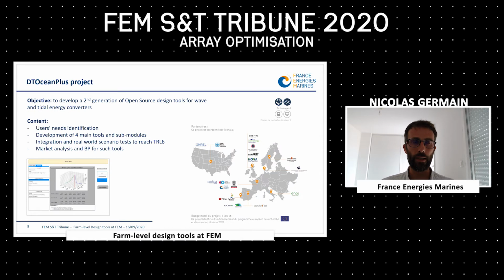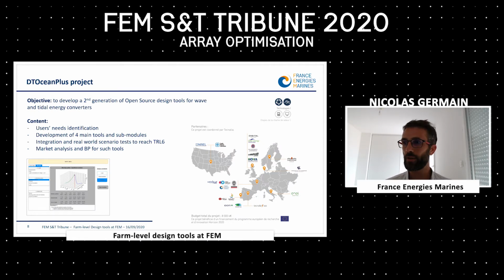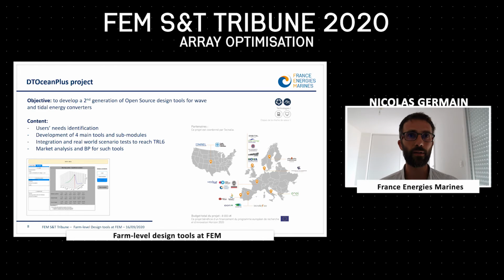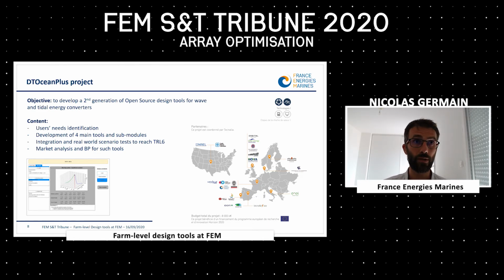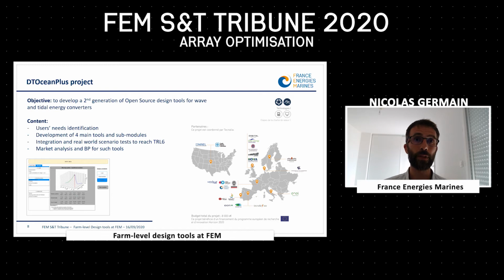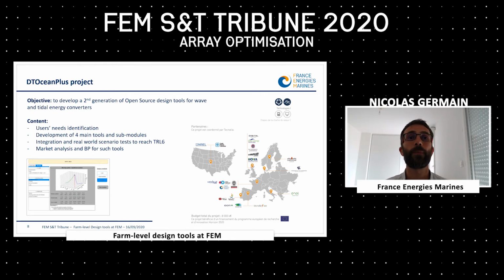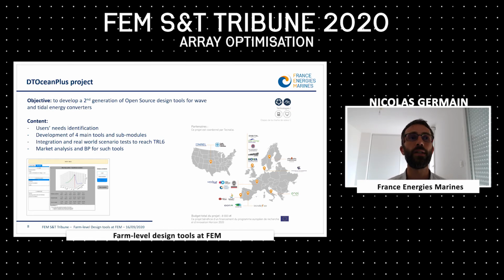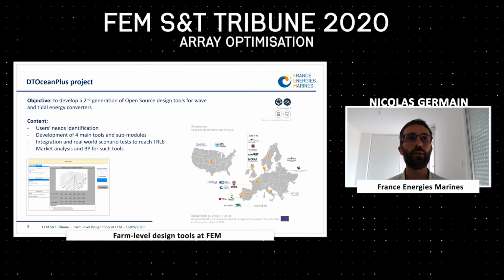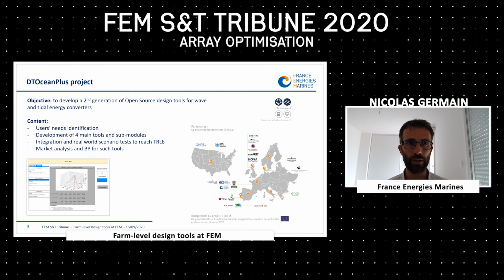Now we speak a bit about the Deterioration project. Deterioration is the second generation of open source design tools for wave and tidal energy converters. The project has been designed like this. First, the specification of the tool, what is needed. Then the development phase of the four tools and submodules that I will describe a bit more after.